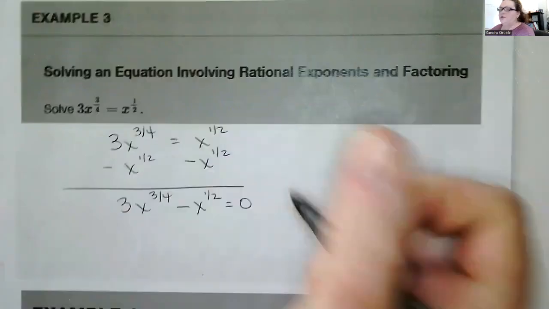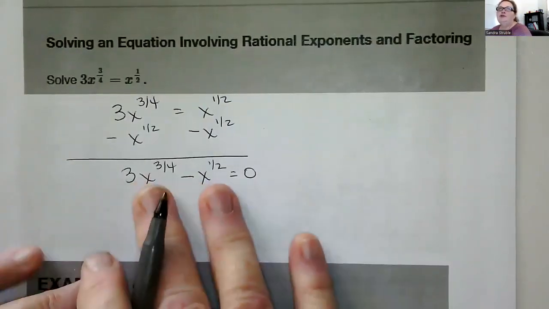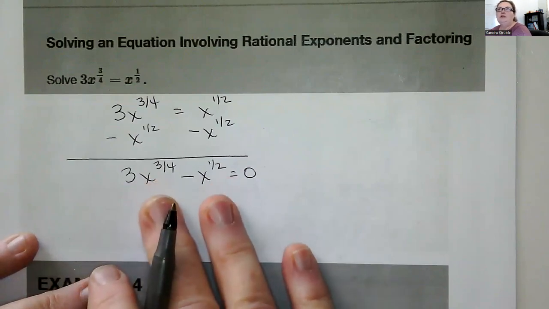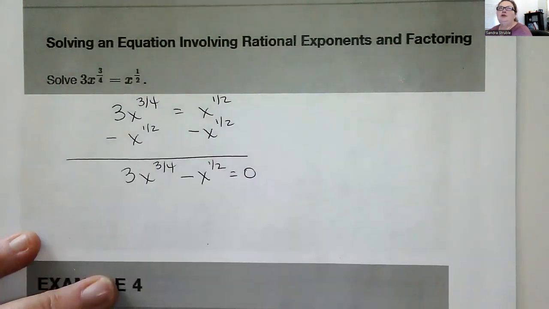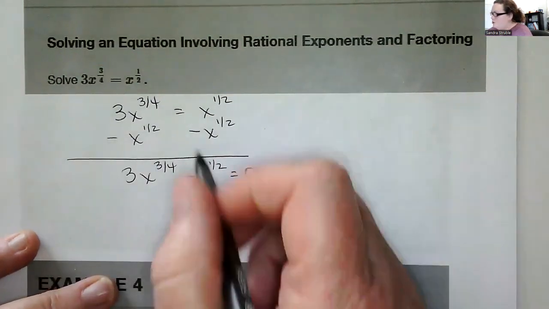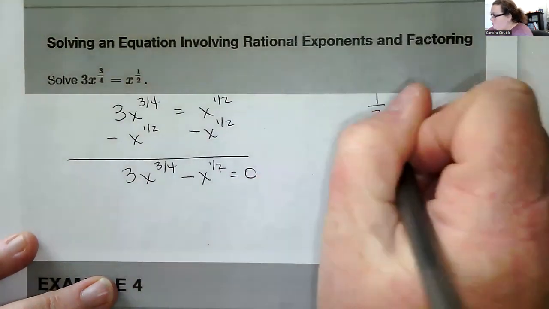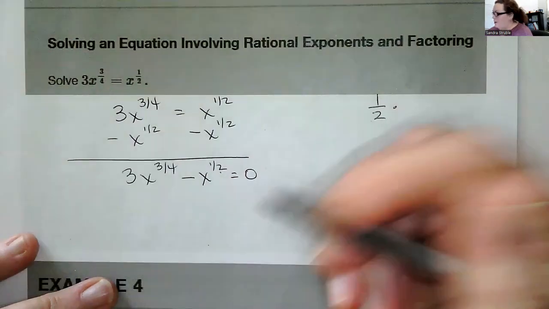Now, one of the things I need you to understand is we need these denominators to look alike. We could pull out the 1/2, but I'm just trying to make it look a little more simple for you. If I take 1/2, I can multiply that by 2/2, 3/3, 4/4. It doesn't matter.